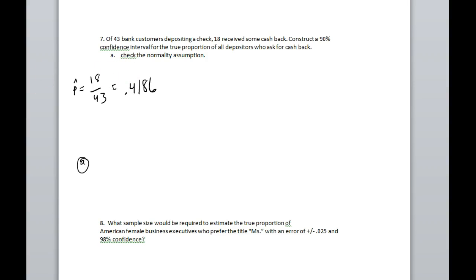So we'll go ahead and write this down so that we have it. p hat plus or minus Z of alpha half times, see if I can remember it, the square root of p hat times 1 minus p hat all over n.